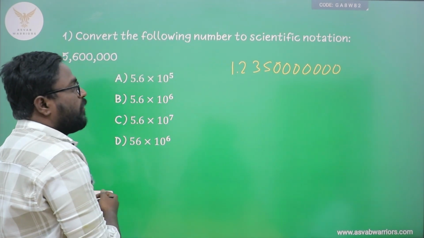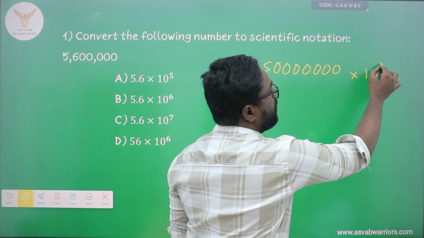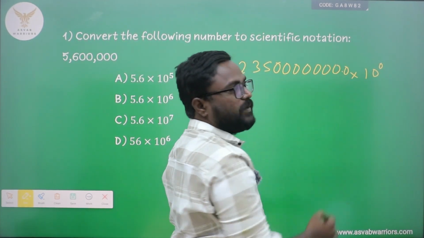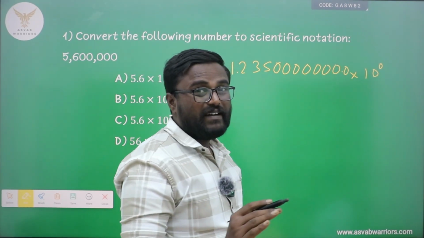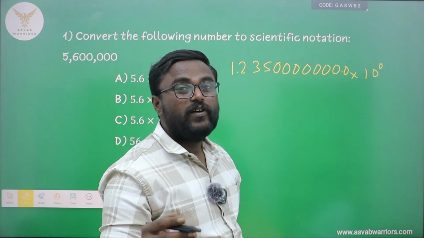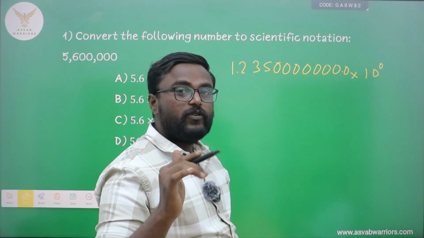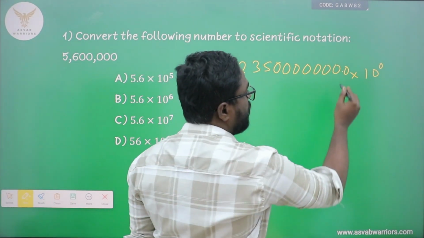So now what will I do? Initially, let us multiply this with 10 to the power 0. Here there was no decimal, which means I can just put a decimal over here. 100.00 is also equal to 100.000, which is also equal to 100 only. So if you put a decimal point after your number, the value is not going to change. So I just put it over here.